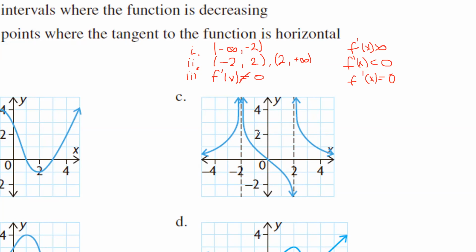When the derivative equals 0, we have a horizontal tangent line, and when it's undefined, we have a vertical tangent line, right? Yeah. That's why you add the round brackets, not the square brackets.